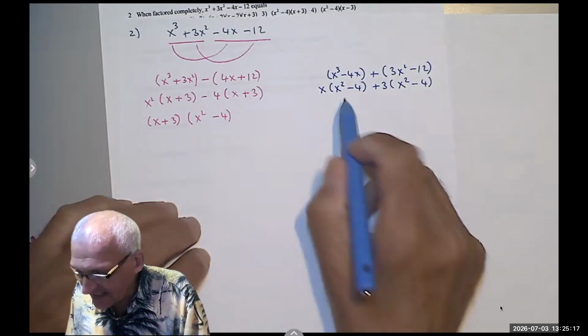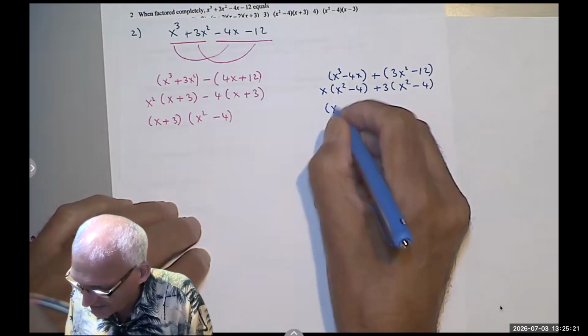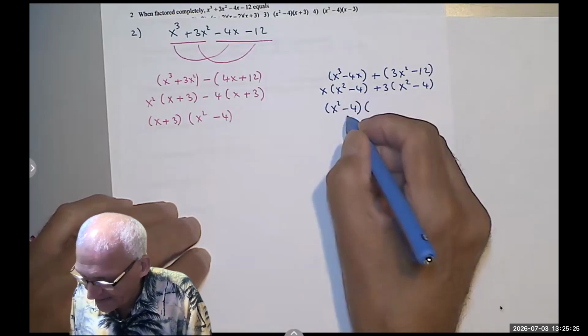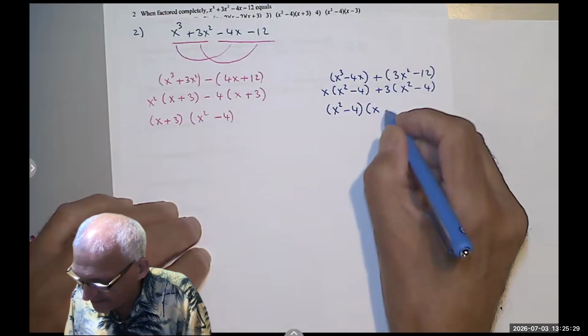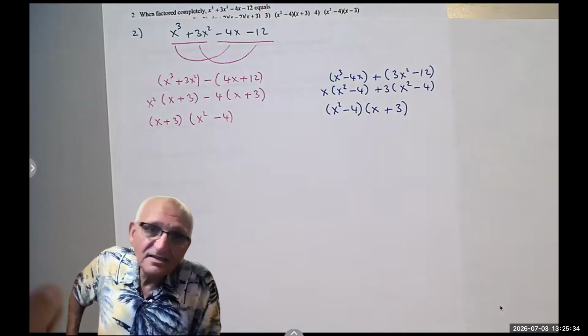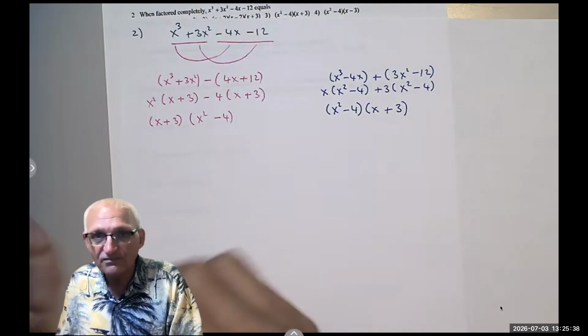Here, I see x squared minus 4 and x squared minus 4, which can be factored out. When I divide this term by that, I'm left with x. When I divide this by that, I'm left with positive 3. Notice it's the exact same answer. The only difference is that the commutative law works here.